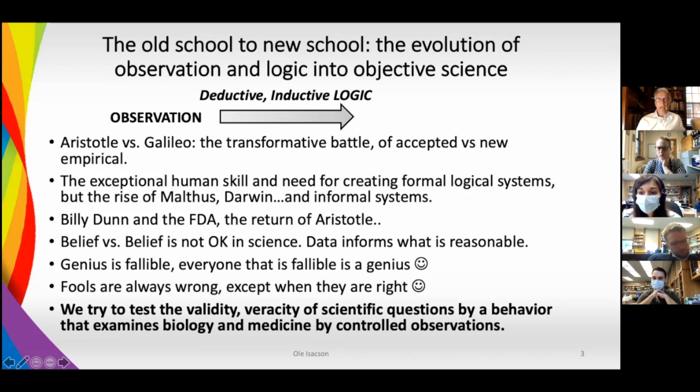And so the FDA, long story short, is driven by this, and Biogen, of course, manipulated their data and the arguments. But essentially, Aristotle is back, right? If the Food and Drug Administration can be turned over by logic rather than data, we constantly have this transformative battle, right? So, I feel pretty bad about it, but at the same time, this is probably not worse than the worst thing in history.